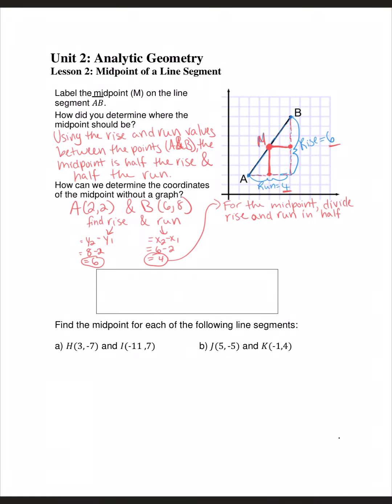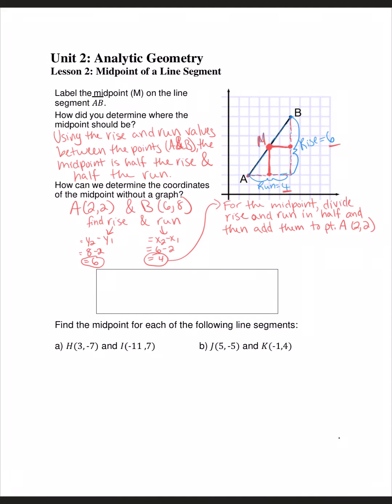Once we divide them in half, we're going to add them to whatever our first point was. We're going to add them to point A. Remember, point A was (2, 2).